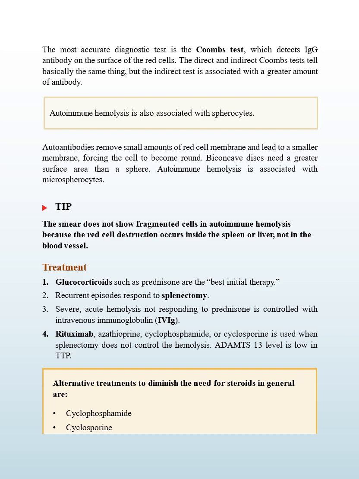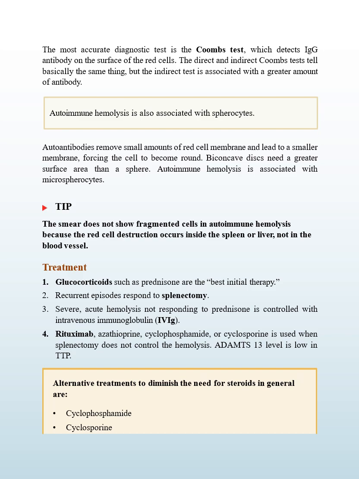Autoimmune hemolysis is associated with macrospherocytes. Another clinical tip is that the smear does not show fragmented cells in autoimmune hemolysis, because the red cell destruction occurs inside the spleen or liver, not in the blood vessel.